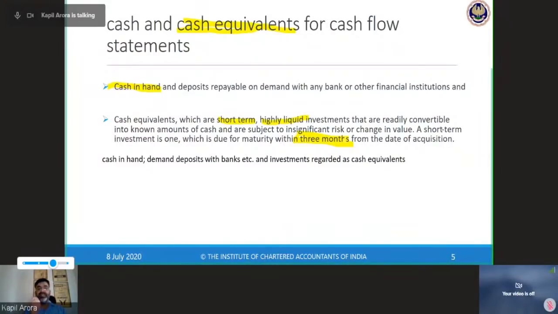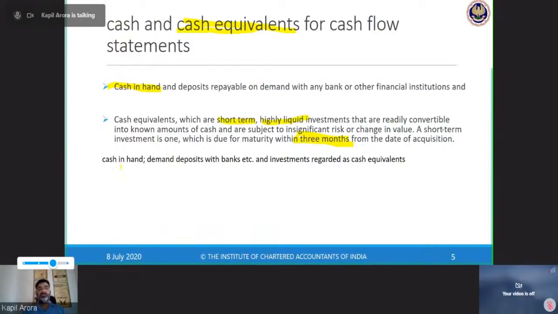So that kind of thing we are talking about: all those highly liquid short-term investment items which can be converted into cash quickly. Those items will be treated as cash and cash equivalent.